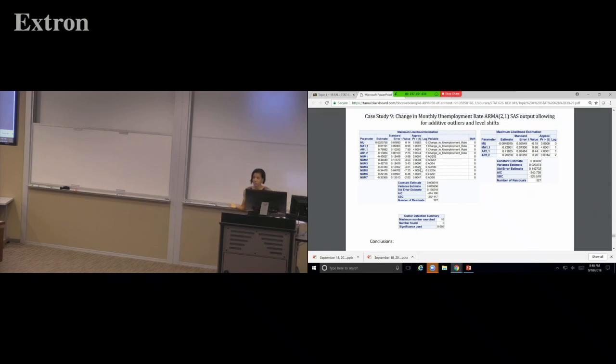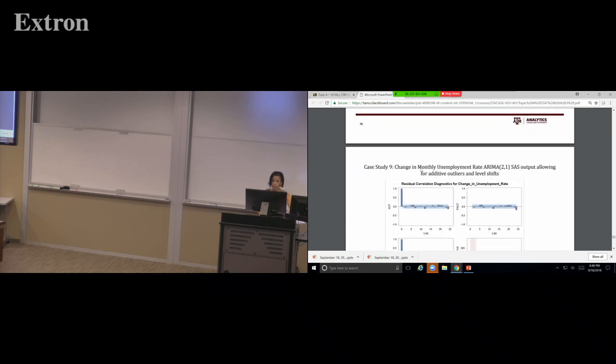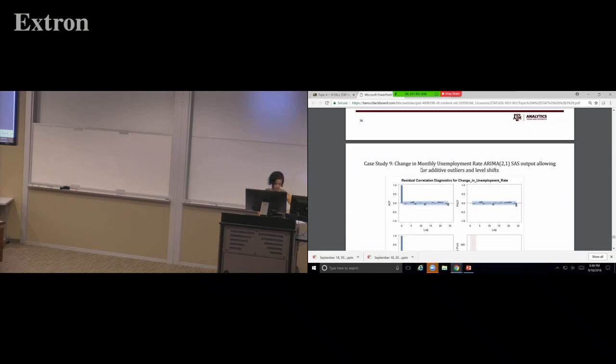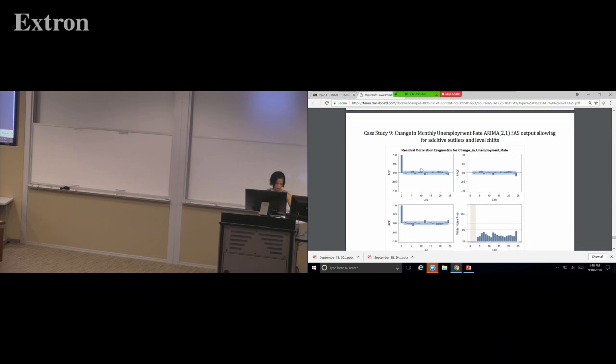We still need to check the residuals. Taking a look at the residuals, we're able to see that they do appear to be white noise. The autocorrelation function falls within the 2 standard errors. The white noise probabilities are all insignificant.